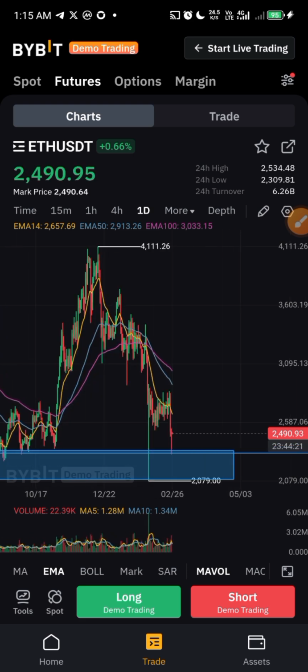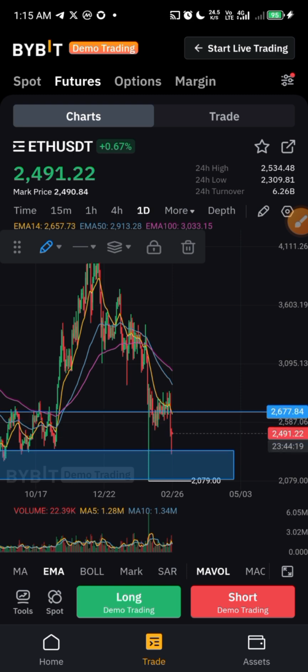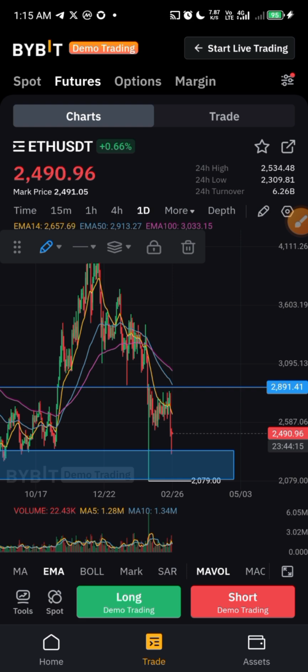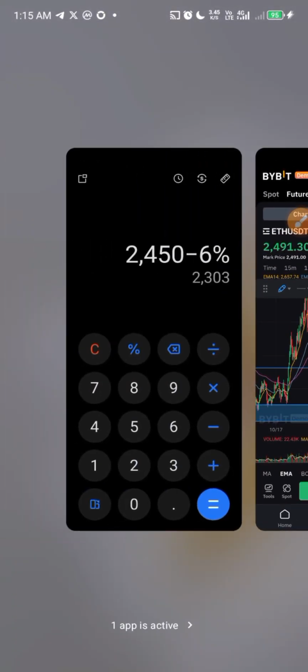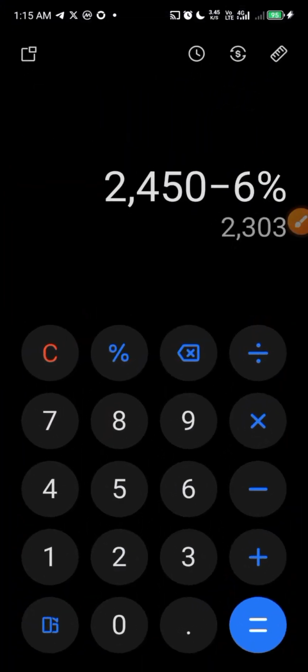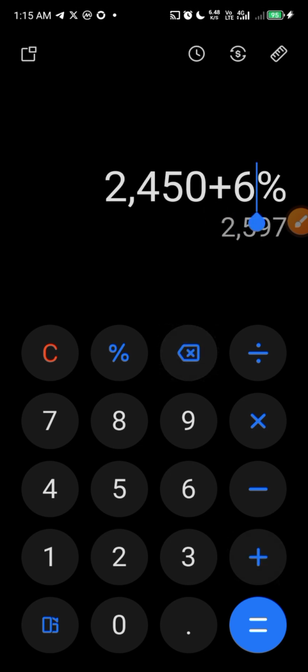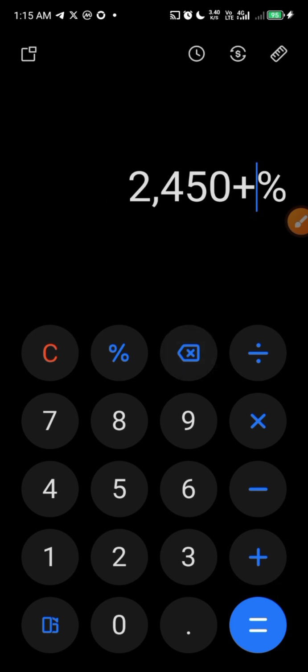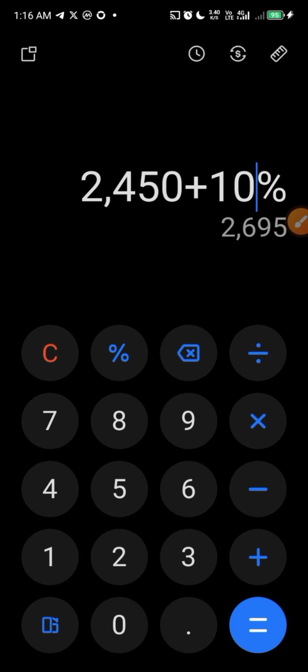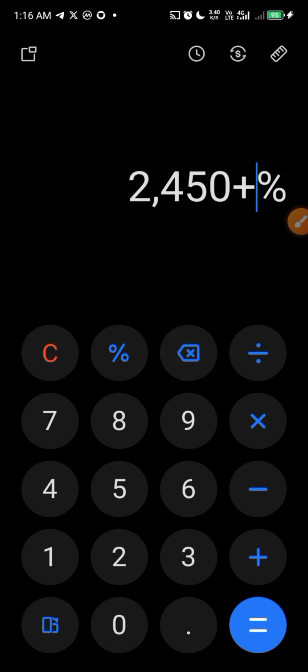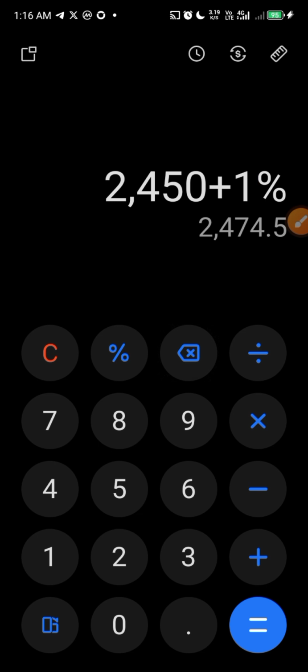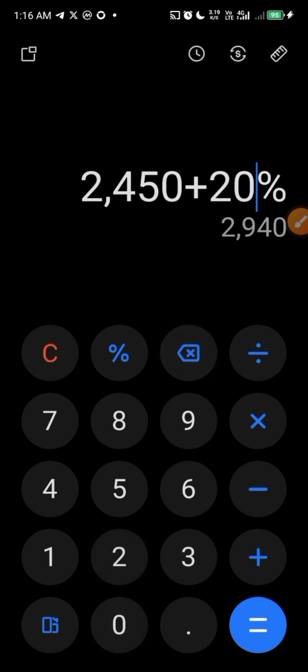Then my gain will be what? You always have to take your gain. This is the first level, you can put it at 2,900. So your gain from here is going to be plus. Always know this. This is something that's supposed to be in your head. 10% will give me one level, 15% another, then 20%.